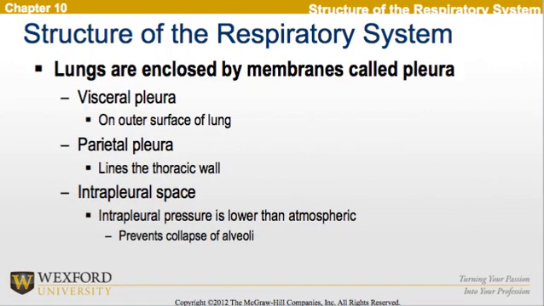Looking more closely at the lungs, we see that they are enclosed by membranes called pleura. There's a visceral pleura, which is on the outer surface of the lung. There's also a parietal pleura, which lines the thoracic wall, and there's an interpleural space. The interpleural pressure is lower than the atmosphere, which prevents collapse of the alveoli.